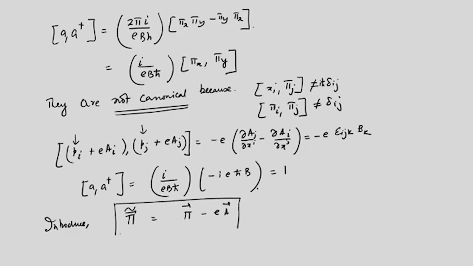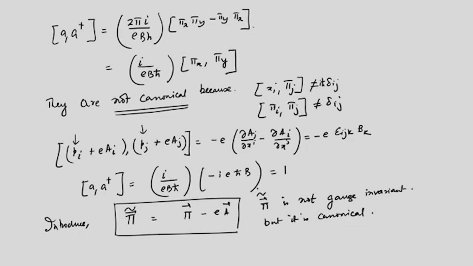The advantage with this, you will see in a moment, is that pi tilde has the other property: it is not gauge invariant, but canonical. So we introduce these pi tilde operators and write them in terms of the pi operators, all right.